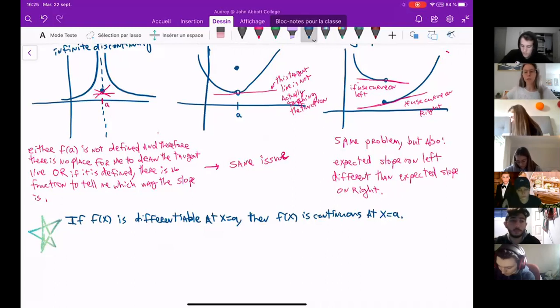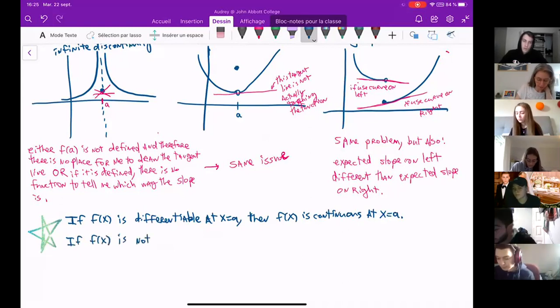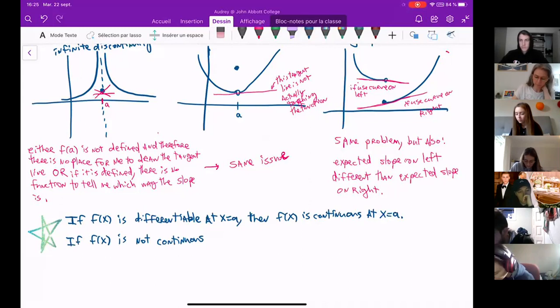So if it's differentiable, then it's continuous. Or I could restate this: if f of x is not continuous at x equals a, then f of x is not differentiable at x equals a.